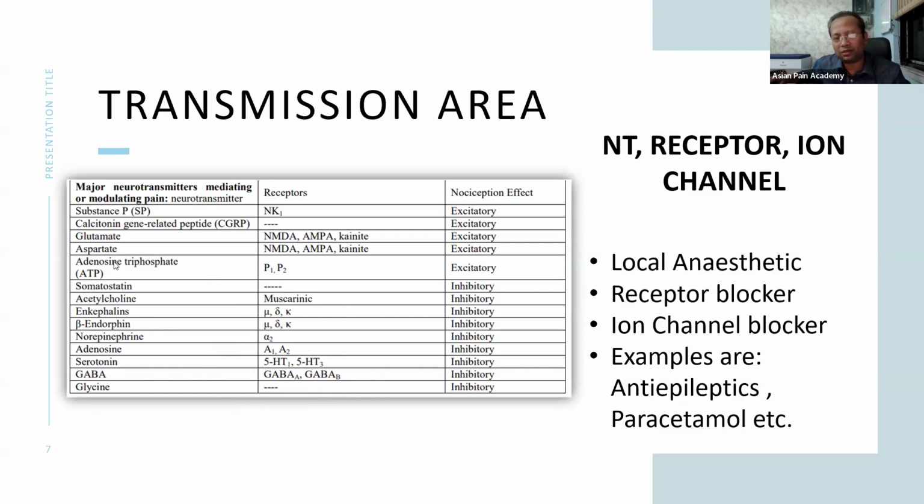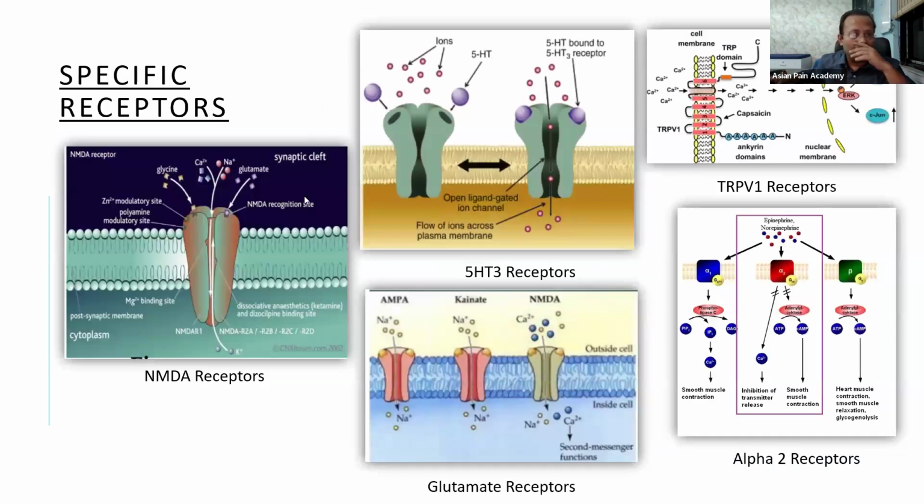This part you have to memorize, that there are excitatory and inhibitory neurotransmitters and receptors, and this is the net result, that either the pain signal will propagate or it will stop there. I am not going into the specific receptors, but the NMDA receptor and 5-HT3 receptor are multiple very important receptors for pathological pain, those who are the neuropathic pain.